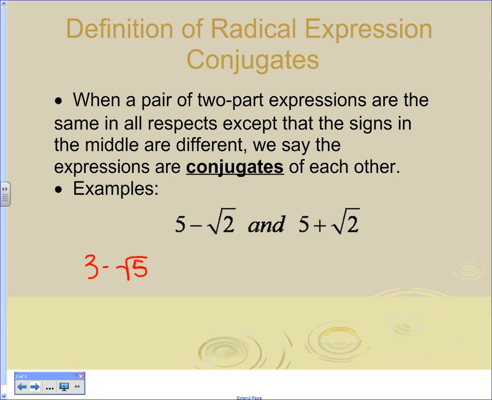What would be the conjugate of this thing? Do you see how that works? The sign is changed in the middle. Okay? What would be the conjugate of that term?